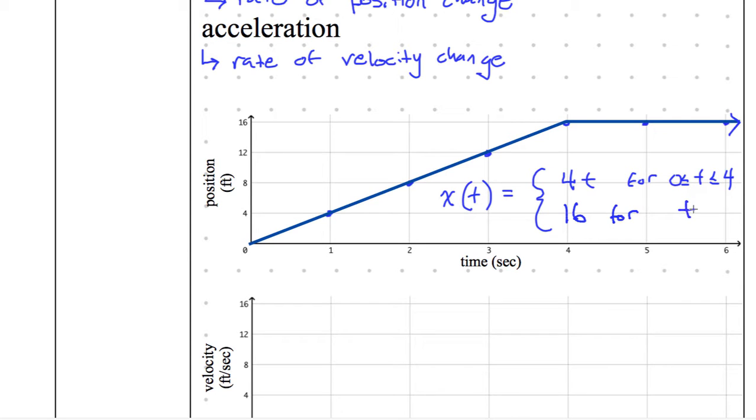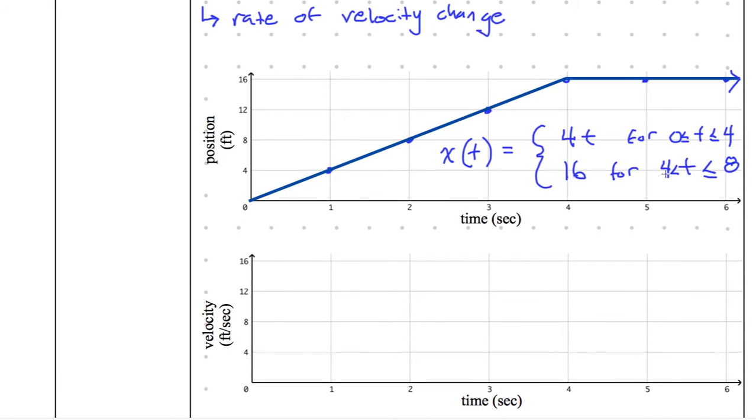Between what 2 values? Between 4 and it goes on. We can just say for 8, I guess. It might end at 8. T is greater than 4. Yeah, and it could be greater than or equal to, it doesn't really matter. Or this should say less than or equal to: 4 is less than or equal to t, or t is greater than 4. It doesn't matter either way.